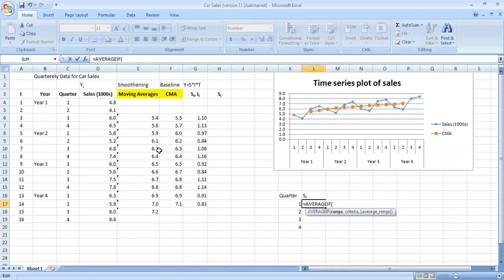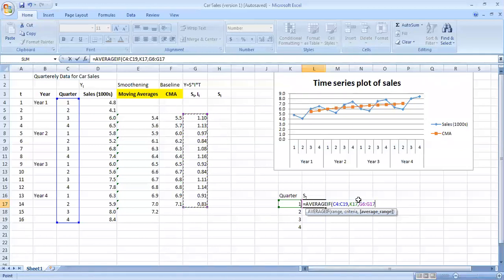First you have to select the range. So this is the range that you would look into, first for the first cell. If you are going to have the average here for the first quarter, then this is the criteria. And what is the average range? The average range is here.